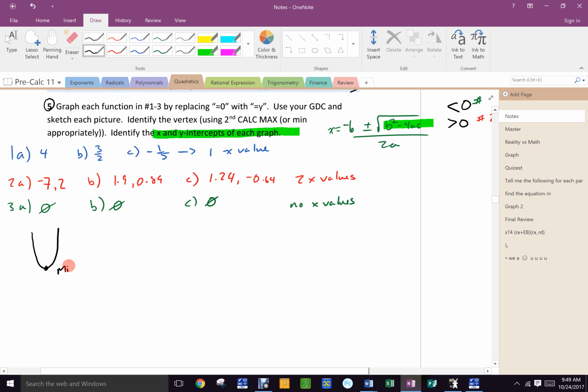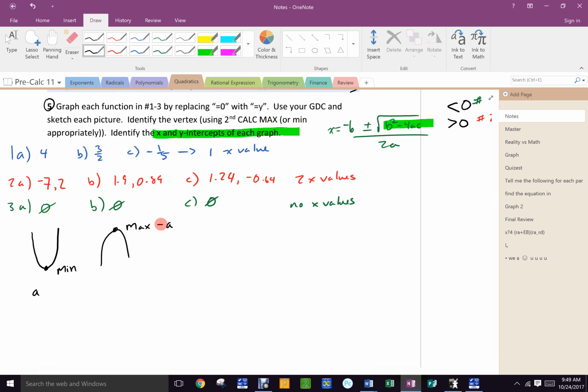That's a min. If it looks like that, what is it? That's a max. If it's a minimum, my A value is what? Positive. If it's a maximum, my A value is what? Negative. Everybody already knows that from what we did yesterday with the calculators.